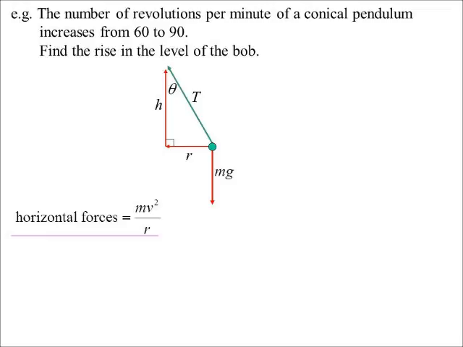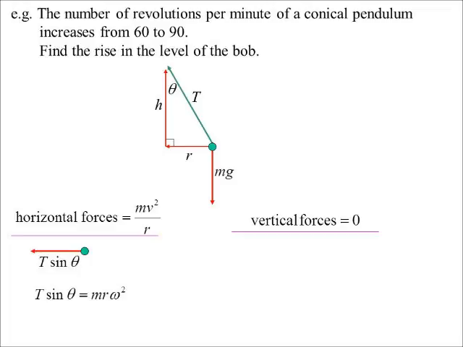All right. I know horizontally, it's only circular motion, so it's mv squared on r. Vertical forces are going to be 0. Basically, I'm just doing exactly the same as what I just did. So, component of tension, T sine theta, is horizontal. It makes more sense to use the angular velocity in this one because they're talking about revolutions per minute.